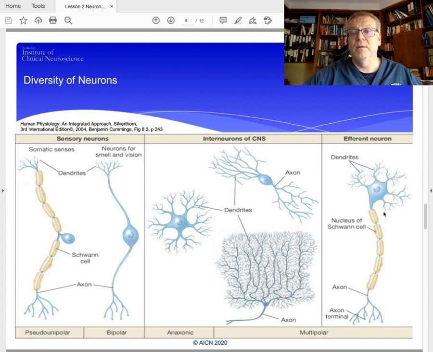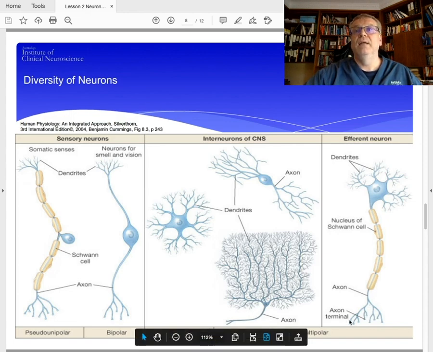This is usually the one that people are thinking about when they're talking about neurons. And here's the dendrites again coming off the neuron cell body. Here's the axon covered with the myelin sheath. And down here is the axon terminal, which will form the synapse with some other neuron or some other structure.